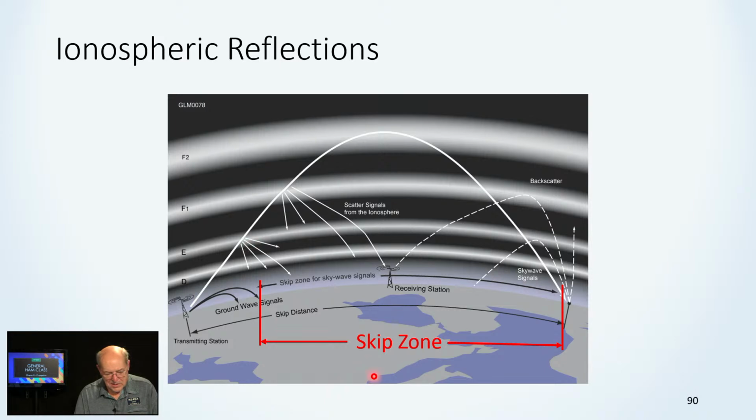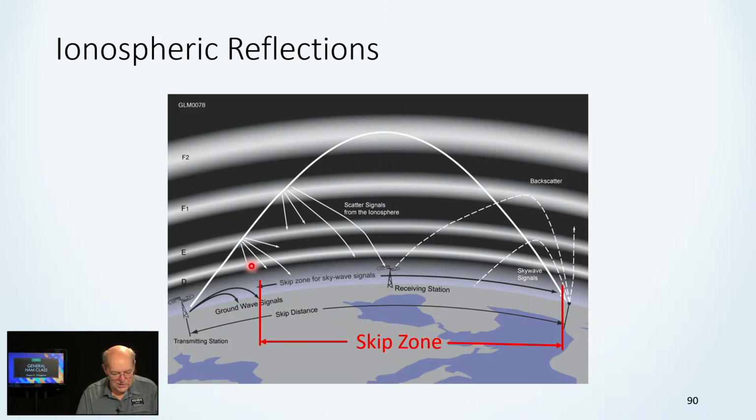Now, remember the skip zone we talked about? When we get past ground wave propagation, and we're earlier than skip, we're in the skip zone where you normally can't hear anything. So this is a bit of an exception here.